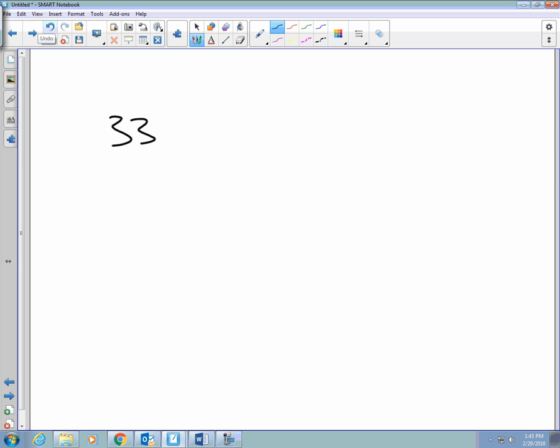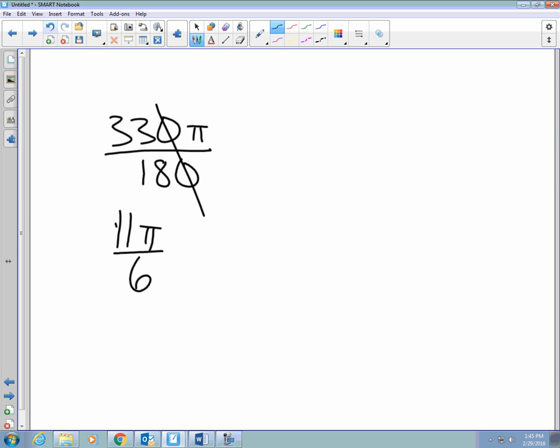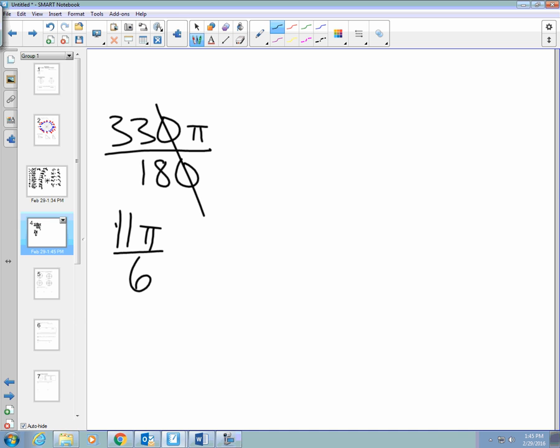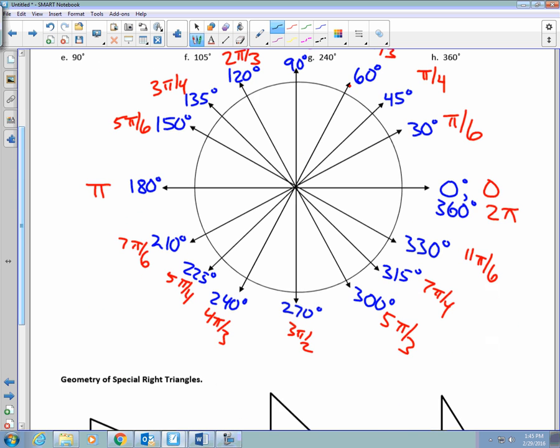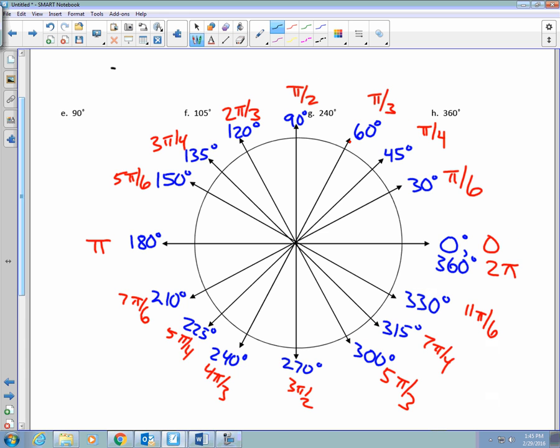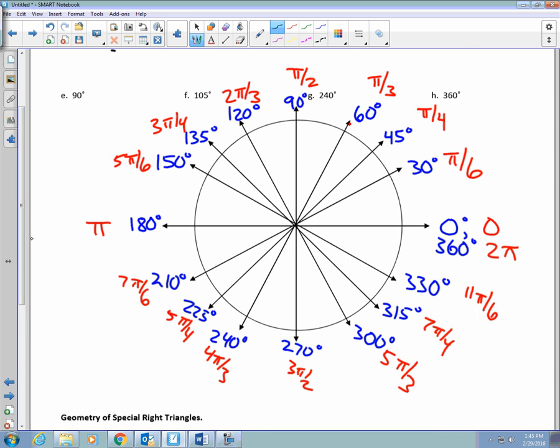If every time I see 330, I multiply it by pi, divide it by 180, those cancel, then I divide by 3, and now I get 11 pi over 6. That takes a while, doesn't it? If you could think instead about multiples of these pieces that we just counted through, hopefully that goes a little bit better.